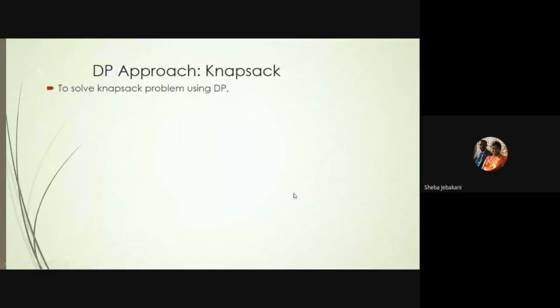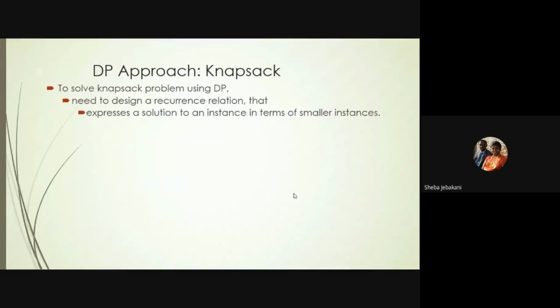In the dynamic programming approach, to solve this knapsack problem, we need to come up with a set of instances, a bottom-up approach. We said we can try from the first till the intermediate node, and then from the intermediate node again we can go till the end.